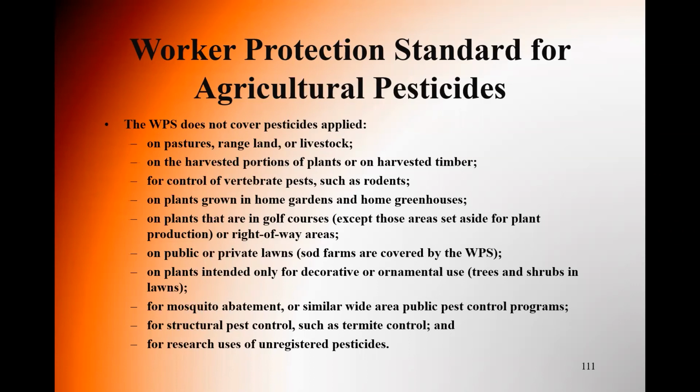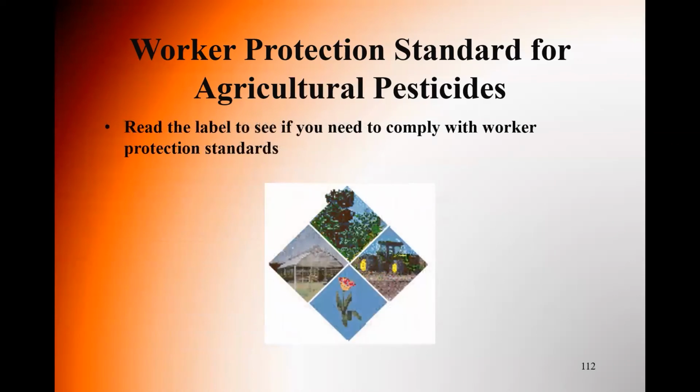Range and pastures are exempt, as well as all right-of-ways, from worker protection. So we need to read the label to see if we comply with all of those standards.